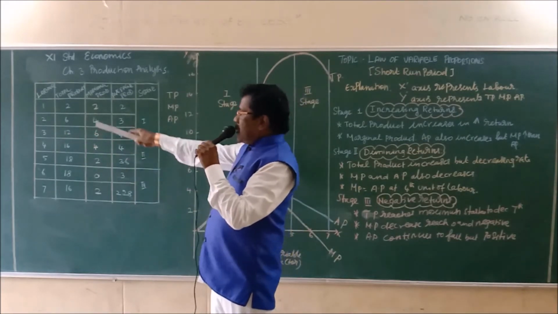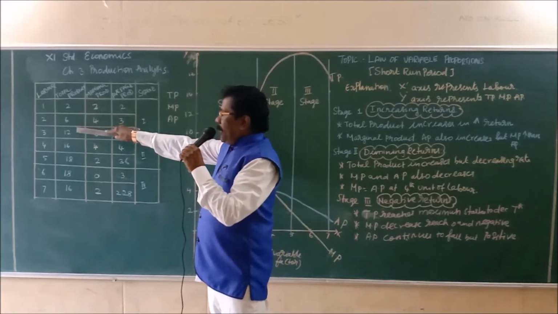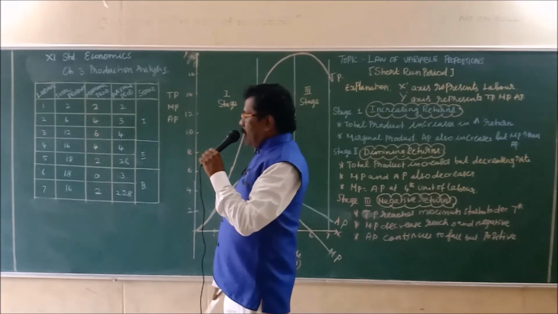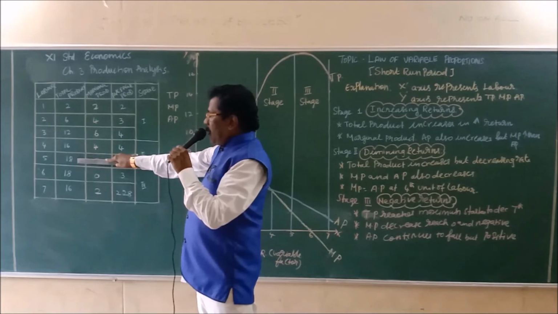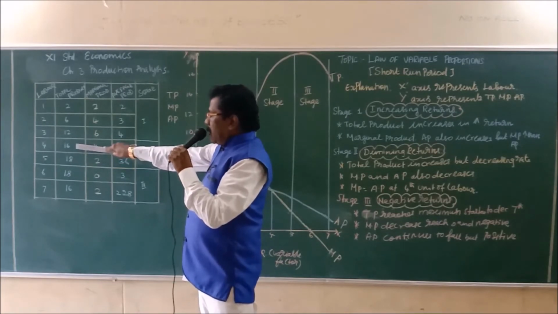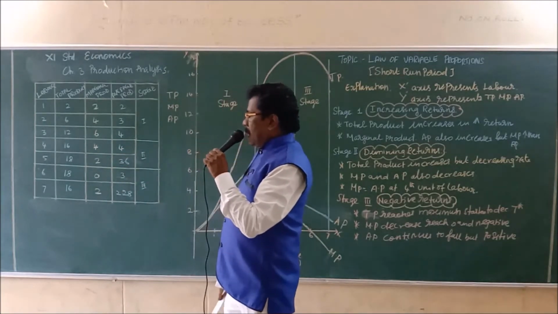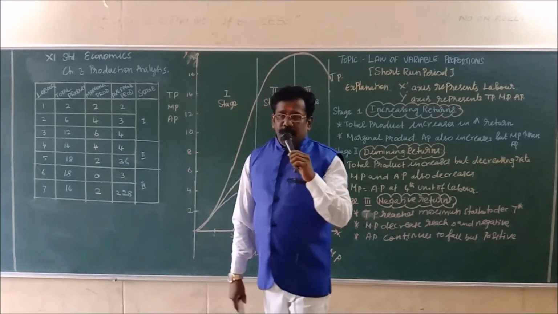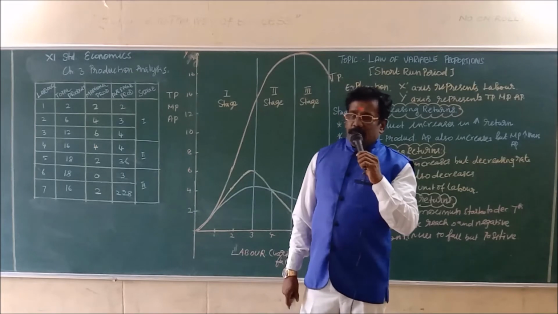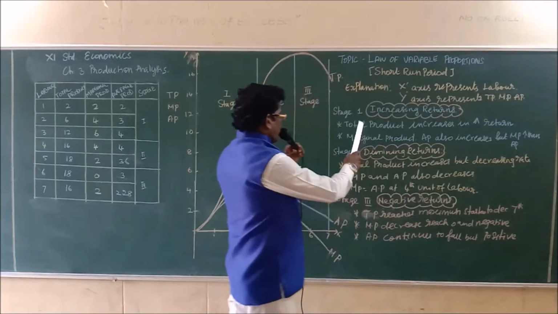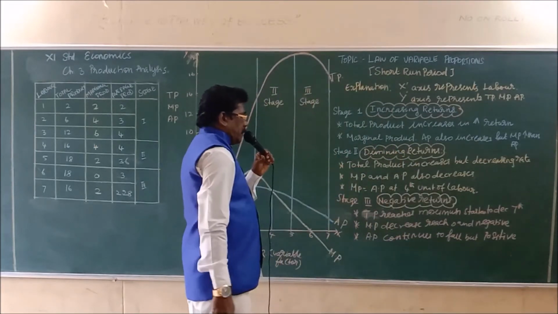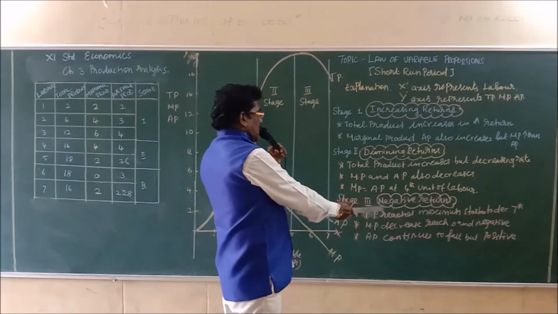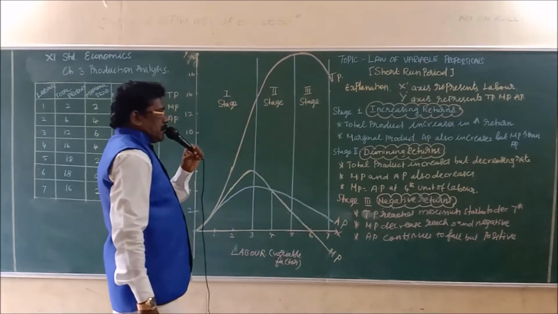In this case, increasing returns: first, second, third, increasing returns. Then the fourth and fifth units of labor are diminishing returns, and the 6th and 7th units are negative returns. You may differentiate that: increasing returns, diminishing returns, and negative returns.